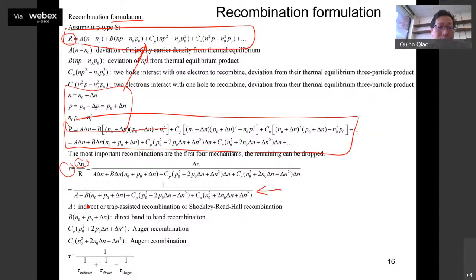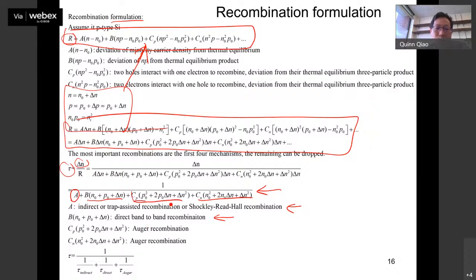Since this is very complicated, you need to consider each part: this one term, another term, another term. Typically, the fourth term is from indirect or trap-assisted recombination. The second term involves n and p; this is band-to-band recombination.